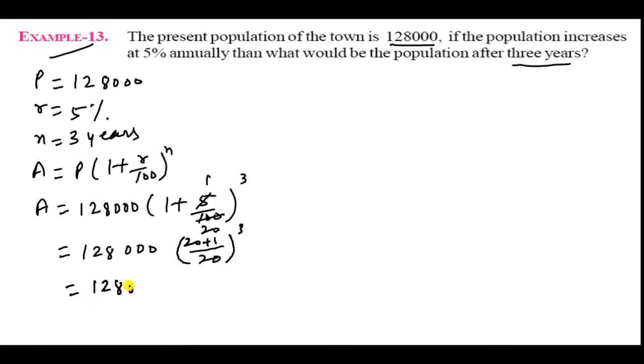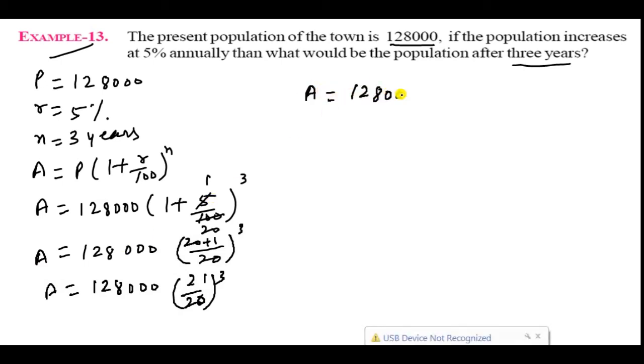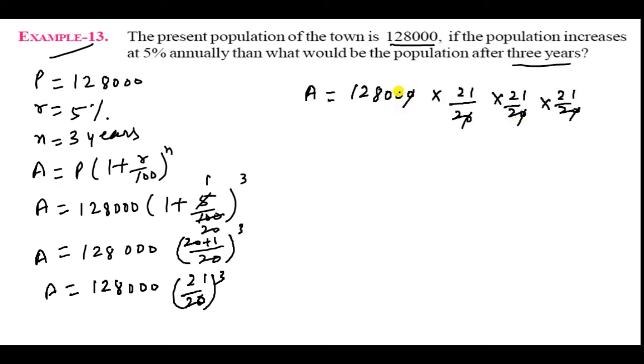So 128,000, and here the LCM is 20, and here it is 20 plus 1 and whole power is 3. So 128,000 times 21 upon 20 and whole power is 3. That one is the amount.